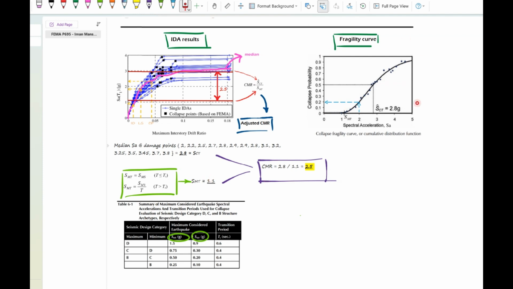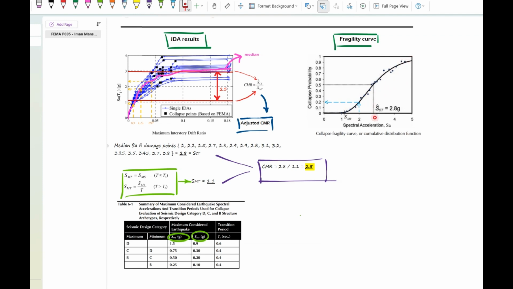Now, on the right, you can see how we use the IDA results to create a fragility curve. This shows the probability of collapse versus spectral acceleration. This figure shows an example of a cumulative distribution plot obtained by fitting a lognormal distribution through the collapse data points.